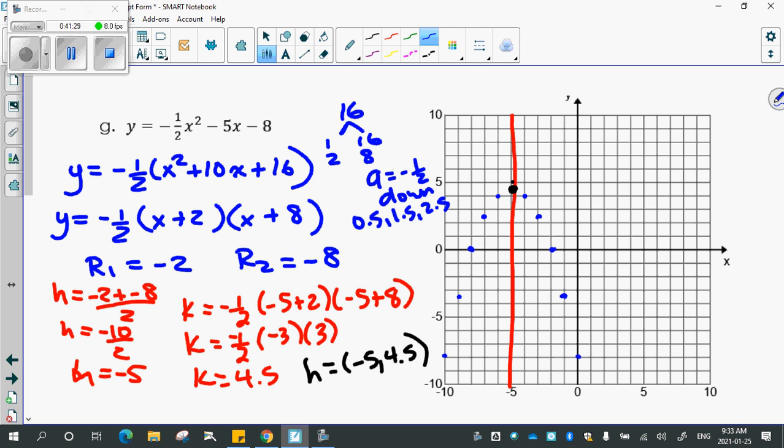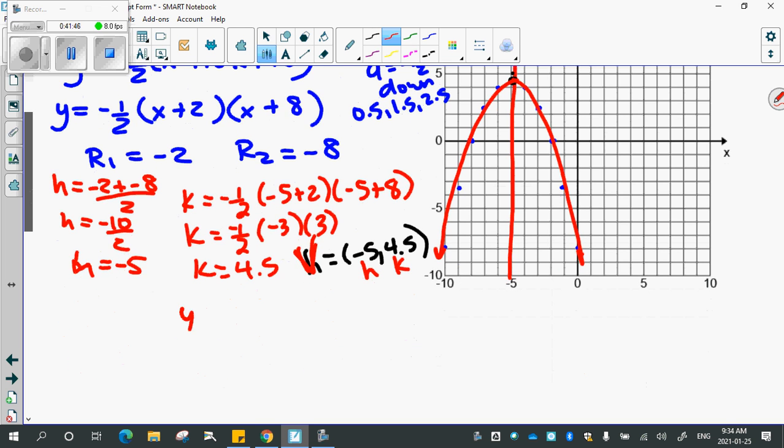And then you run out of room. And your vertex form would be -0.5 times x minus -5 squared plus 4.5. And then you would change that to plus 5.